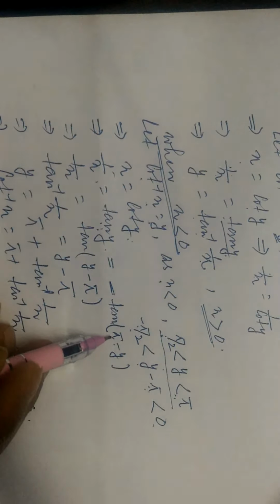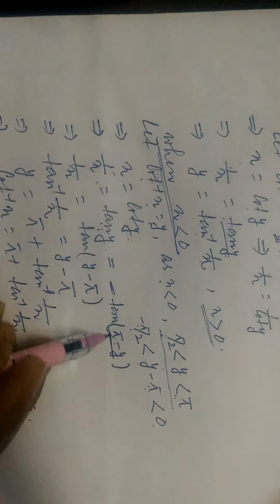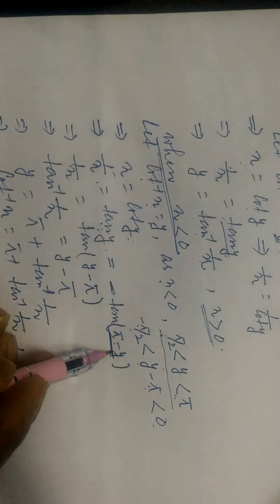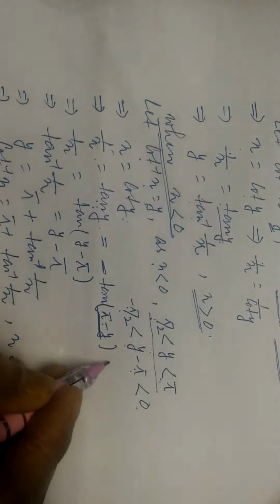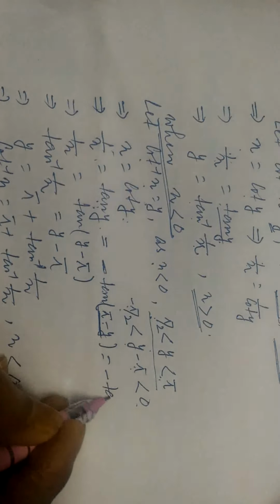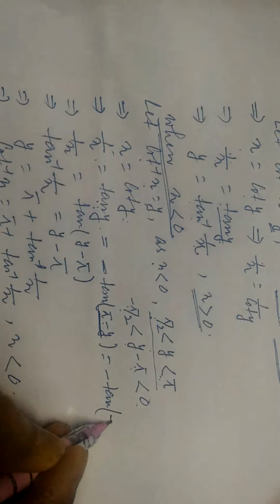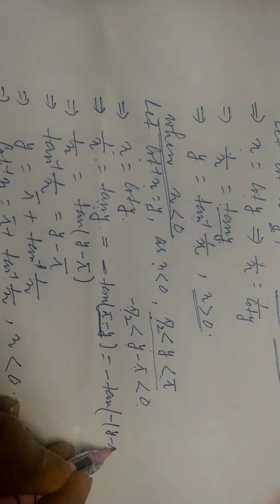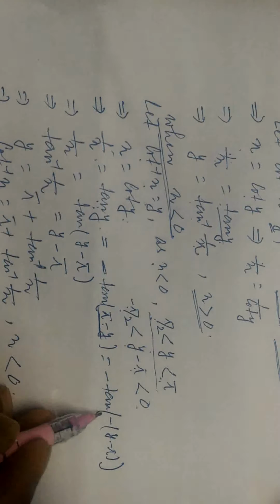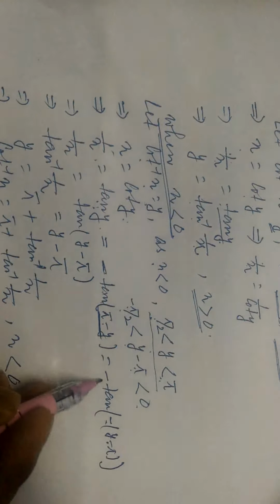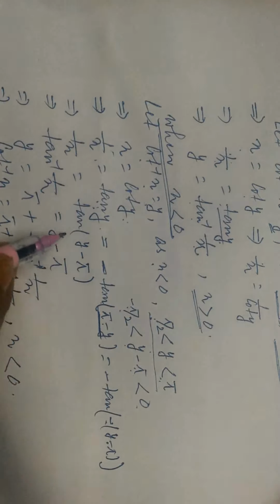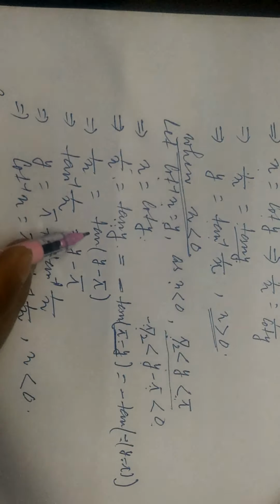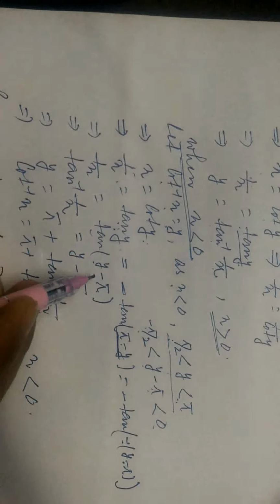Now if you take minus common from the bracket, tan of minus y is minus tan y. It means we can write this as minus tan, taking minus common, of y minus pi. So tan of minus theta is minus tan theta, so they get neutralized. So we'll be getting this as tan of y minus pi.